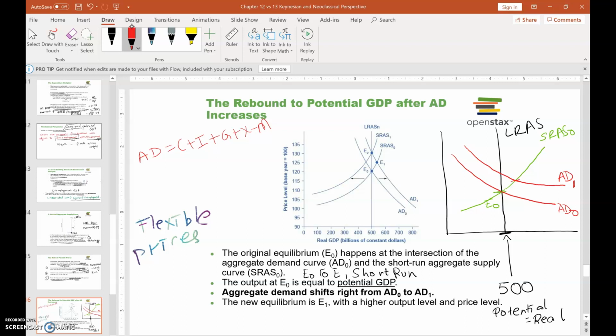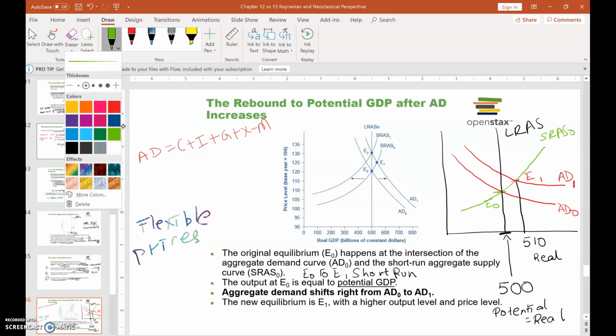And over here we have a new point of intersection, which is E1. At this point of intersection, we have the real gross domestic product as 510, which is greater than 500, because only the aggregate demand curve is shifting, not the short-run aggregate supply curve. This is the real, this is not the potential gross domestic product.